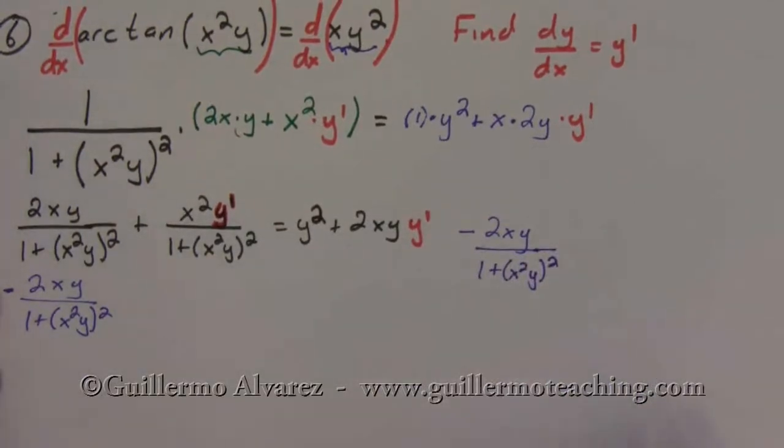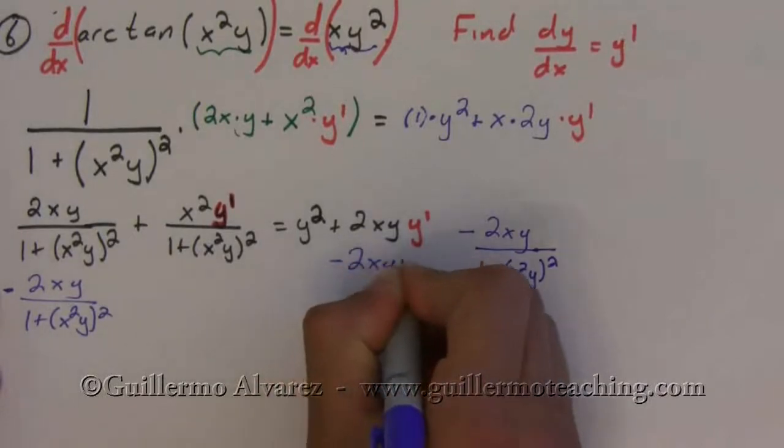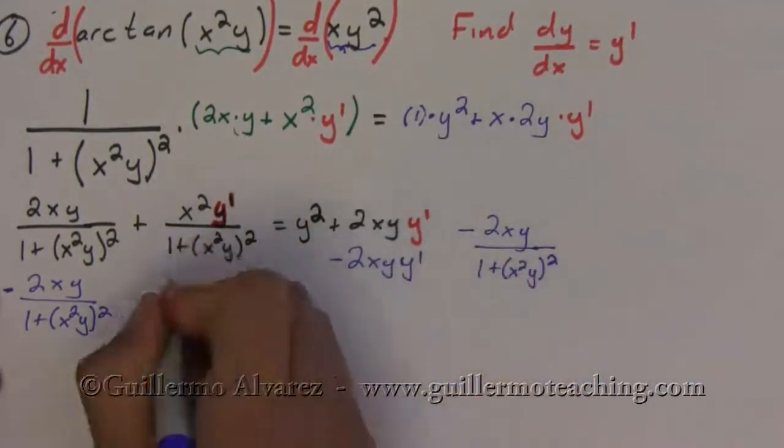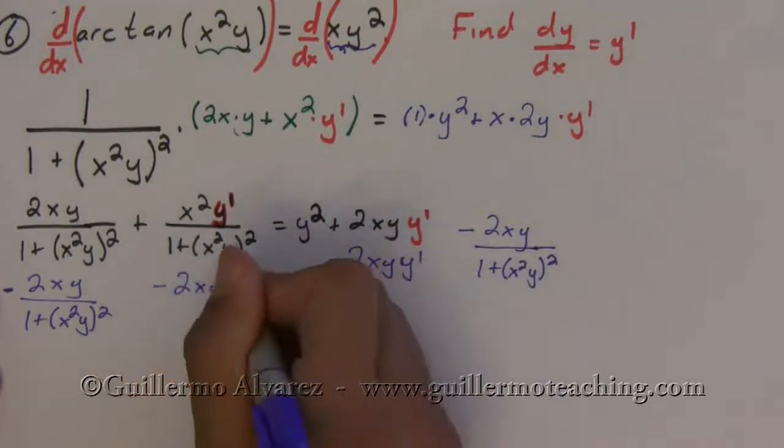And then we're also going to subtract this term, which has a y prime on it as well, to the left side. Minus 2xy y prime.